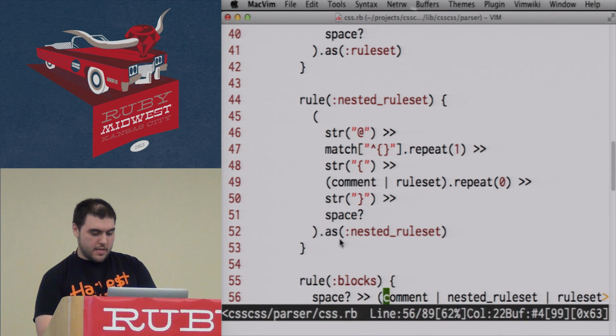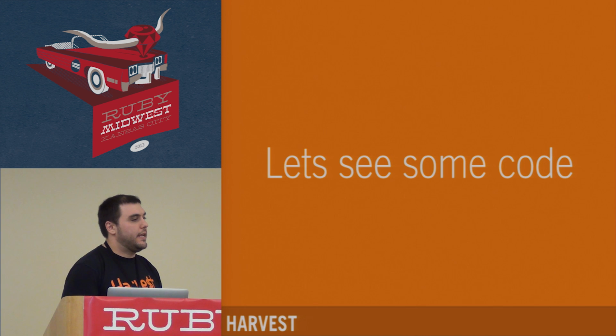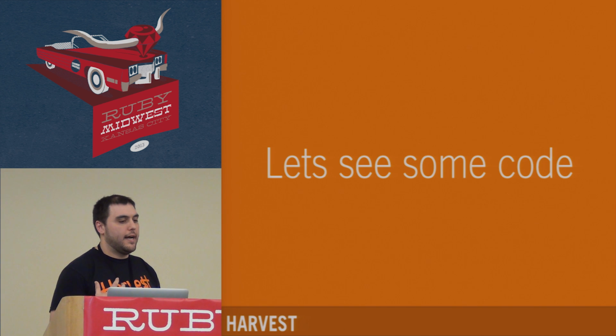Let's see here. So, CSS is just a tool that I use in order to help clean up CSS. But Parselet is a greater tool that you can use to fix up code, not have to maintain gnarly regexes. Maintaining gnarly regexes is just about as bad as maintaining gnarly CSS.